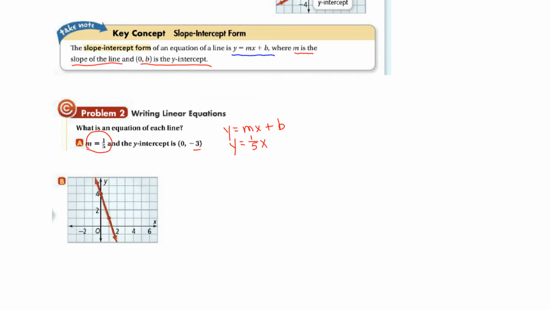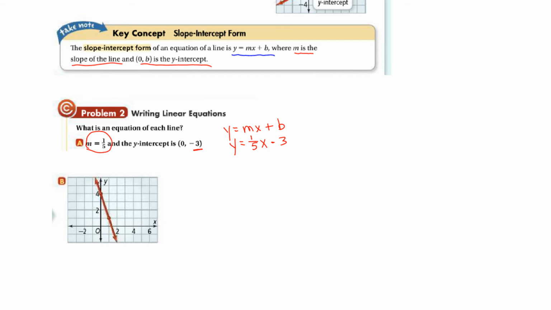And I know that my b is -3, so I'm going to put -3. So the equation for a line with a slope of 1/5 and a y-intercept of (0, -3) would be y equals 1/5 x minus 3.